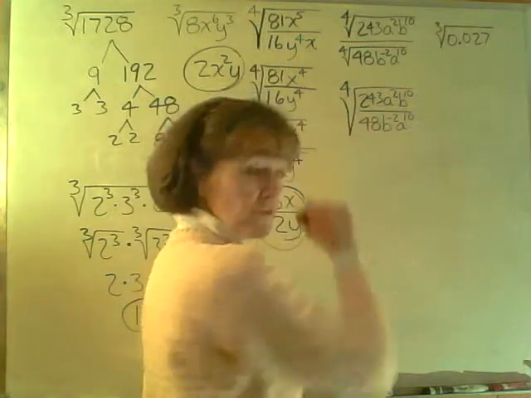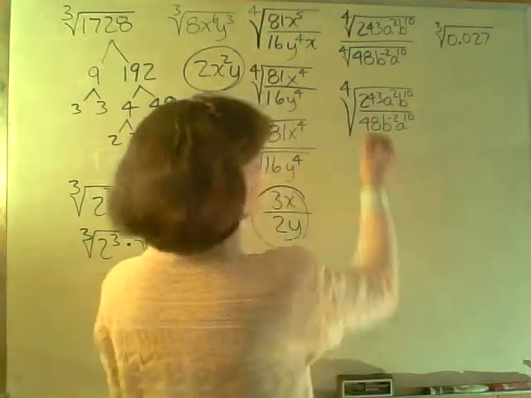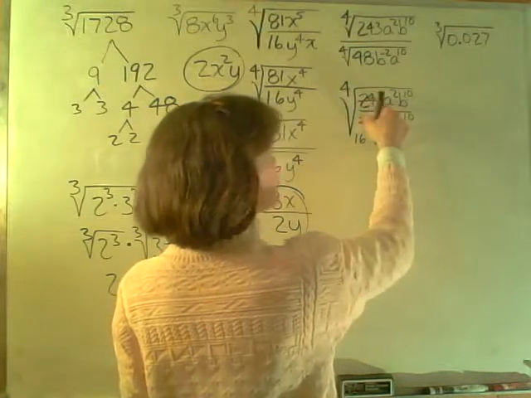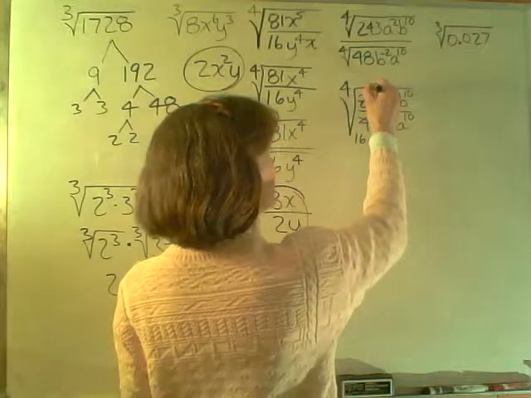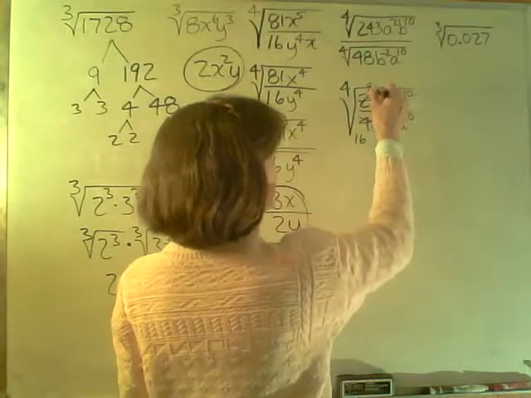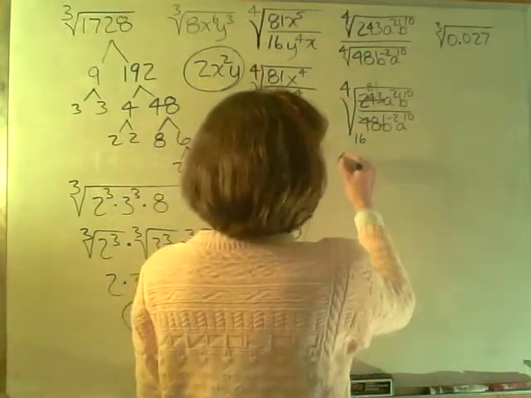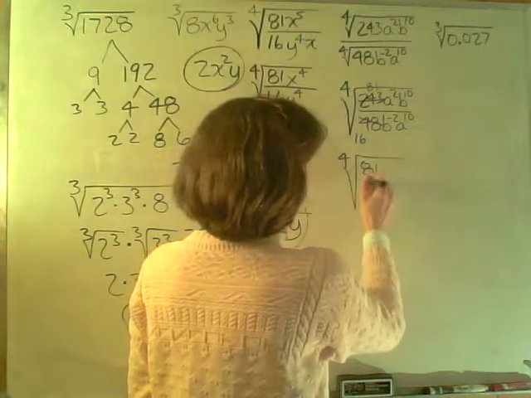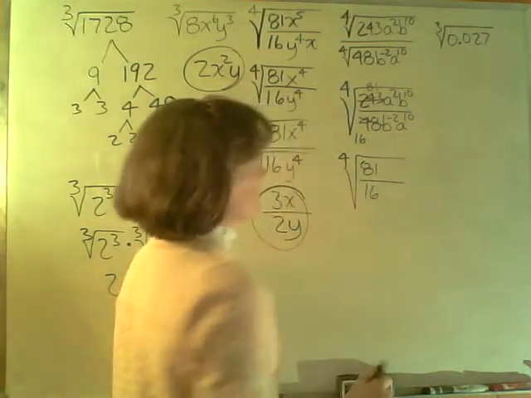But 243 is divisible by 3. So let's divide both of these by 3. If I divide 48 by 3, I get 16. If I divide 243 by 3, I get 81. So I now have the fourth root of 81 over 16.